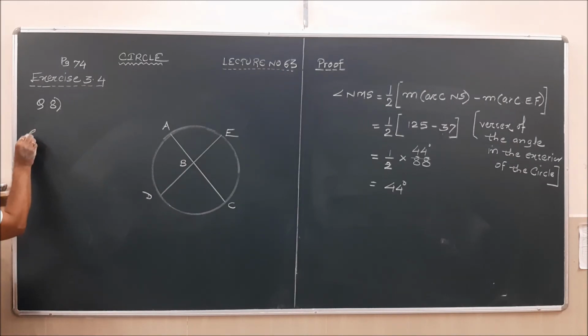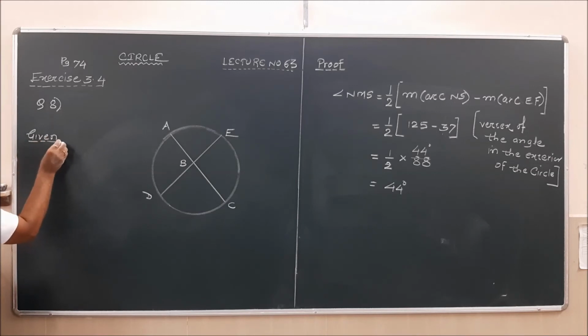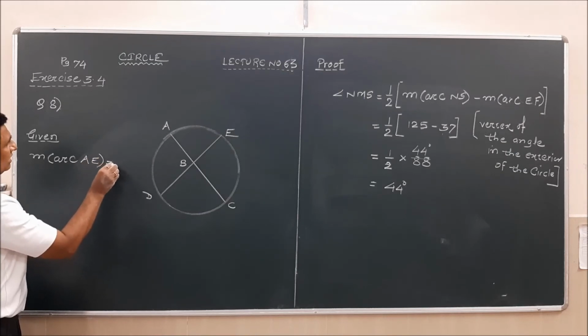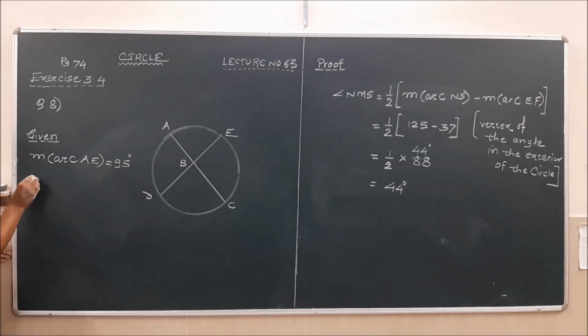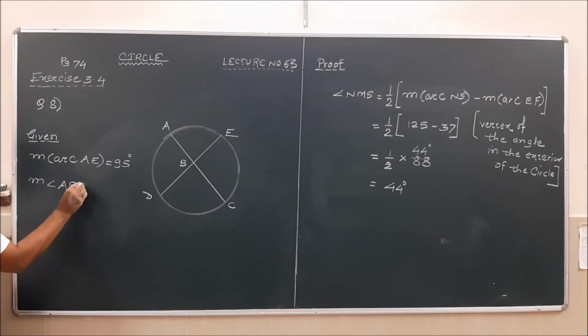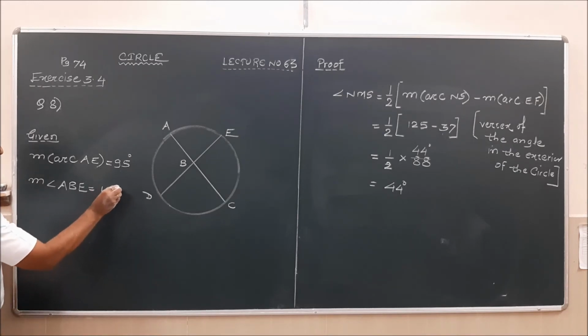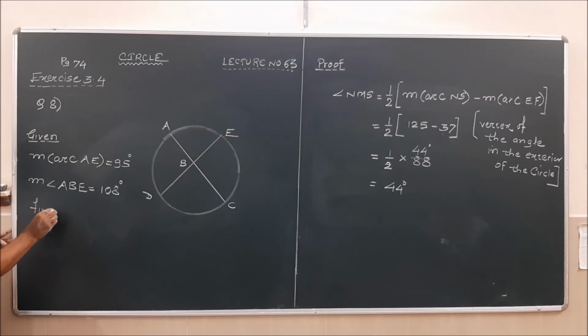Given is measure of arc AE is 95, and measure of angle ABE is given as 108 degrees. The question asked is to find measure of arc DC.